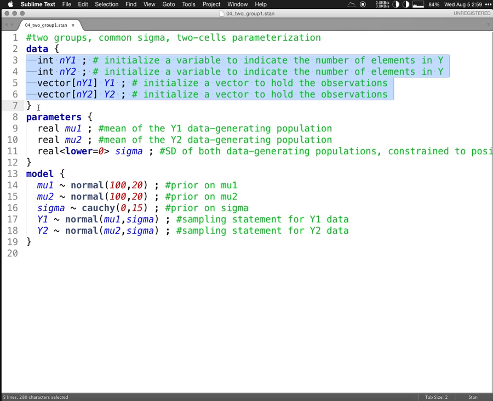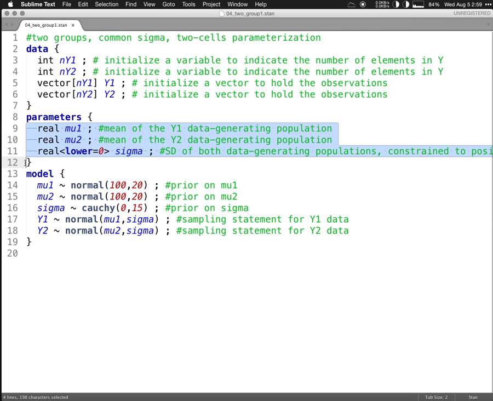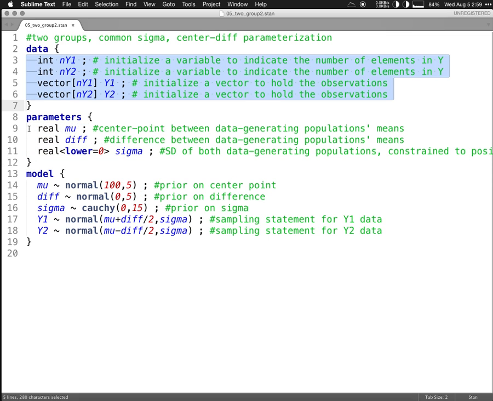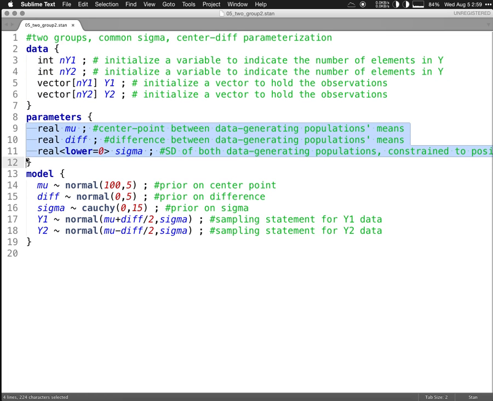So it's the same. But in the parameters, we'll see that in the old one, we've got mu1 and mu2 and sigma. In the new one, we've got a mu, a diff, and a sigma. What this new mu means is the center point between the data generating populations' means. We're assuming that these data generating populations are normal, so you could call it the mean of the 2 means.